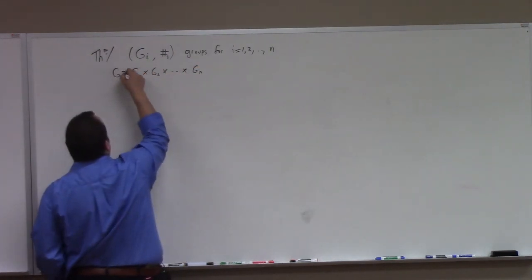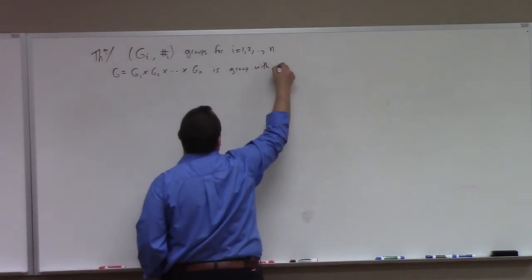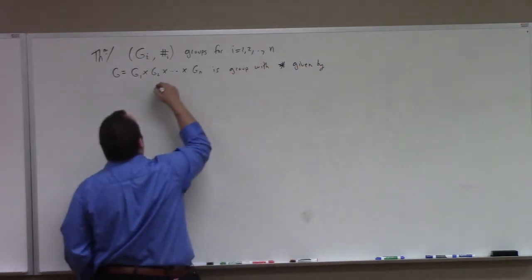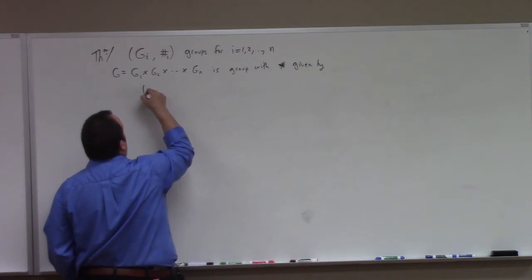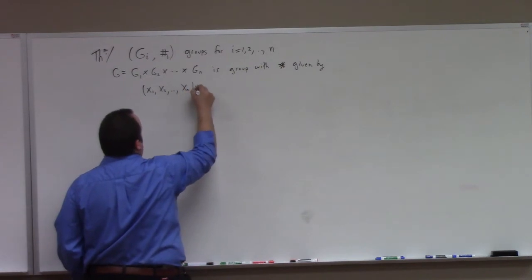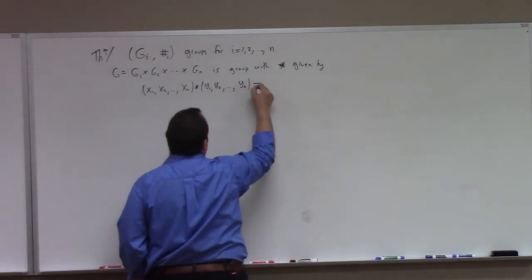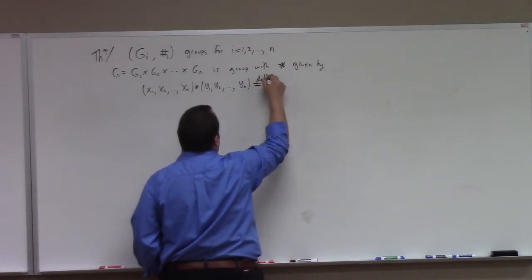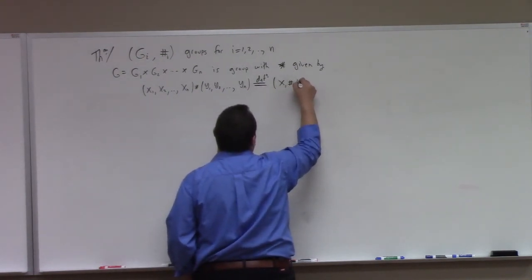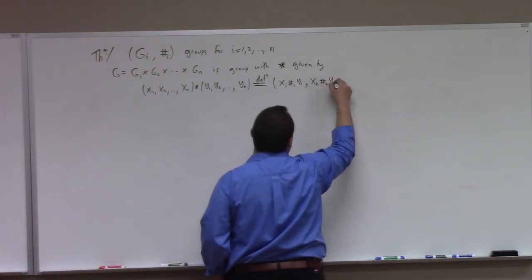Let's call that whole thing G, a group with operation star given by (x1, x2, ..., xn) star (y1, y2, ..., yn) equals (x1 pound 1 y1, x2 pound 2 y2, and so forth).